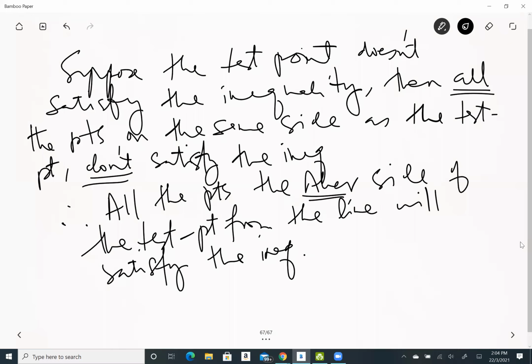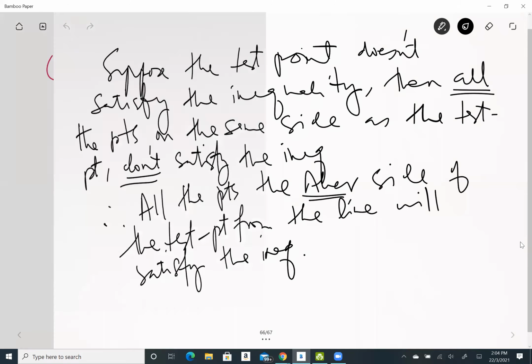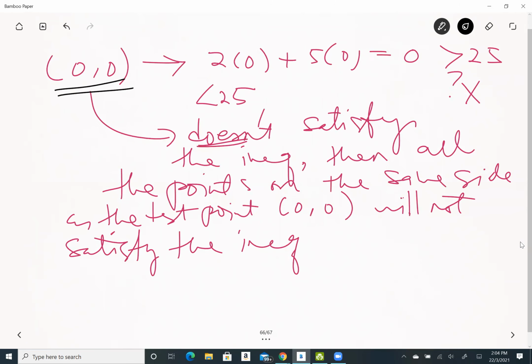All right. So let's look at an example. Suppose you take a test point 0, 0. Our inequality is 2x plus 5y bigger or equal to 25. When you take the test point 0, 0, we substitute and you get 0.